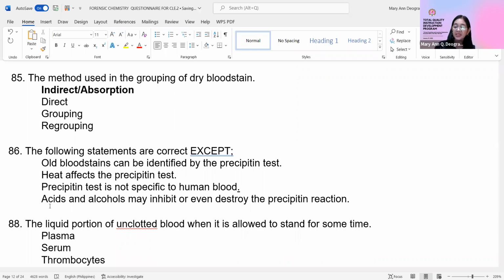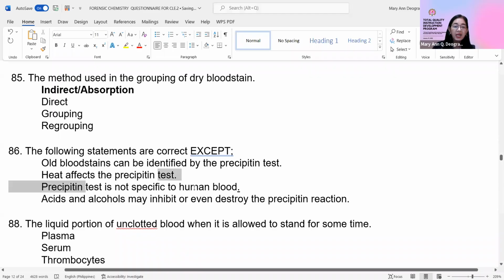Which of them is incorrect? Letter C, kasi nga specific na yan eh, no? So yung not specific ang tumalo dyan. So ito yung sagot. Kasi letter B and letter C are actually the limitations of the precipitin test.